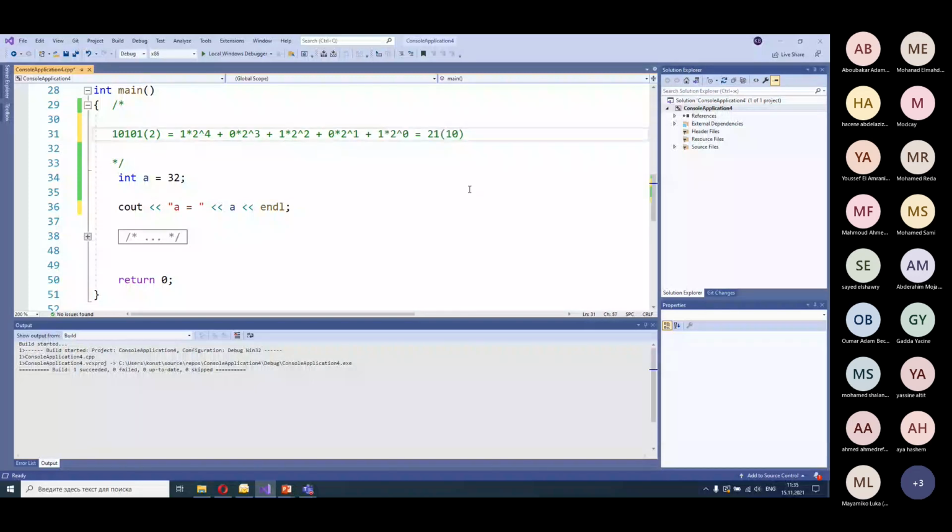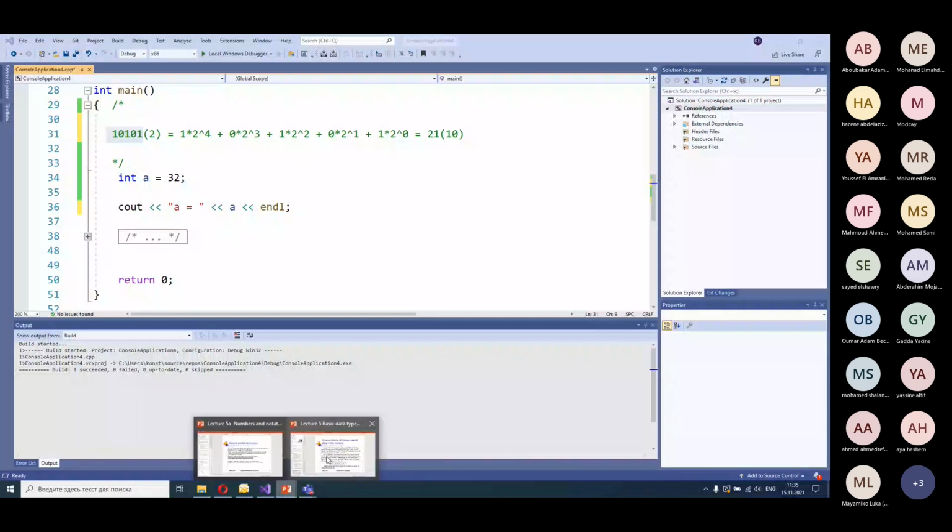Well, how to store a decimal number? Very simple. We should convert it. We should write it in binary using this form and store in computer memory a sequence of zeros and ones. Of course, the exact implementation is quite complicated.